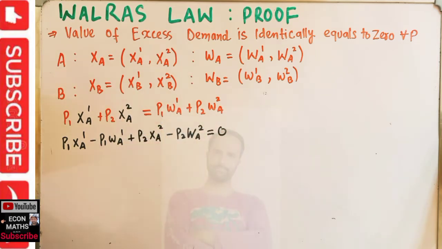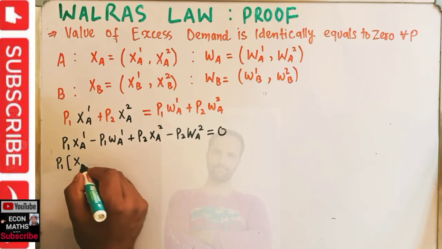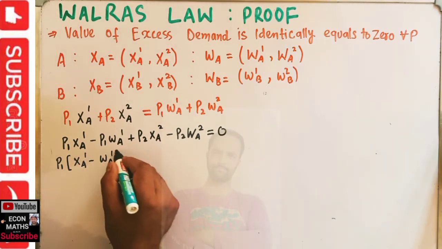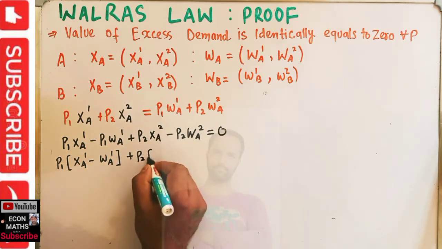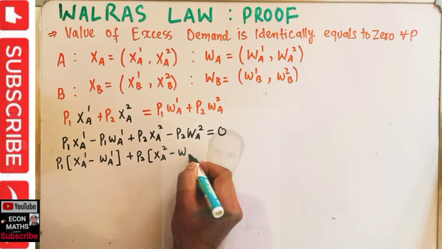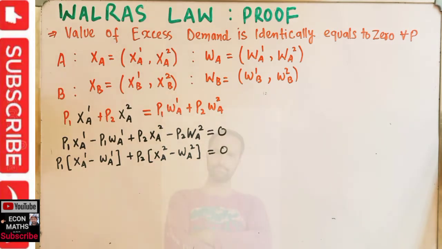When I transpose these terms, it should be equal to 0 on the RHS. Let us take P1 common. So we are left with XA1 minus WA1. Take P2 common here, and we are left with XA2 minus WA2, it should be equal to 0.